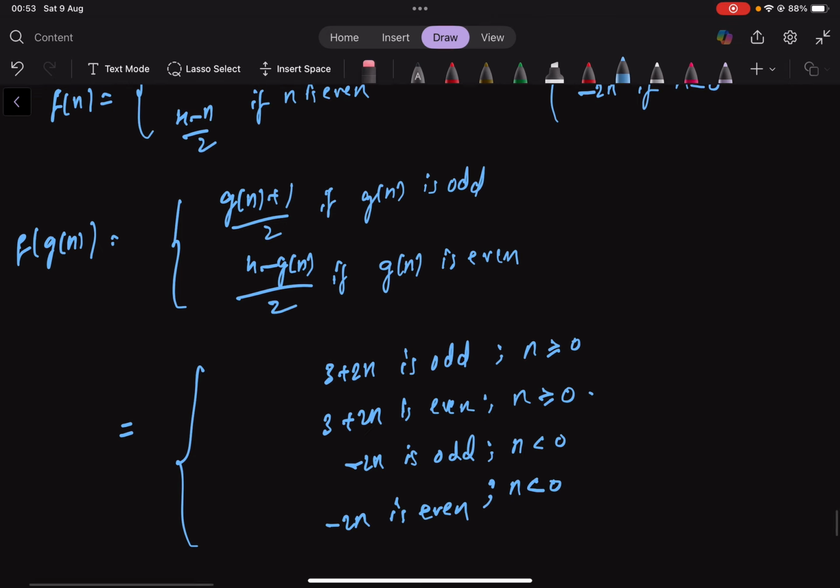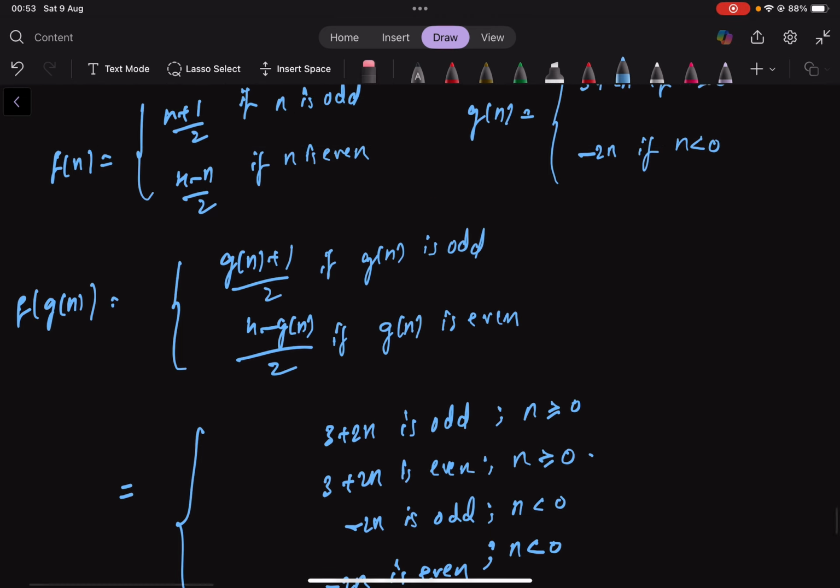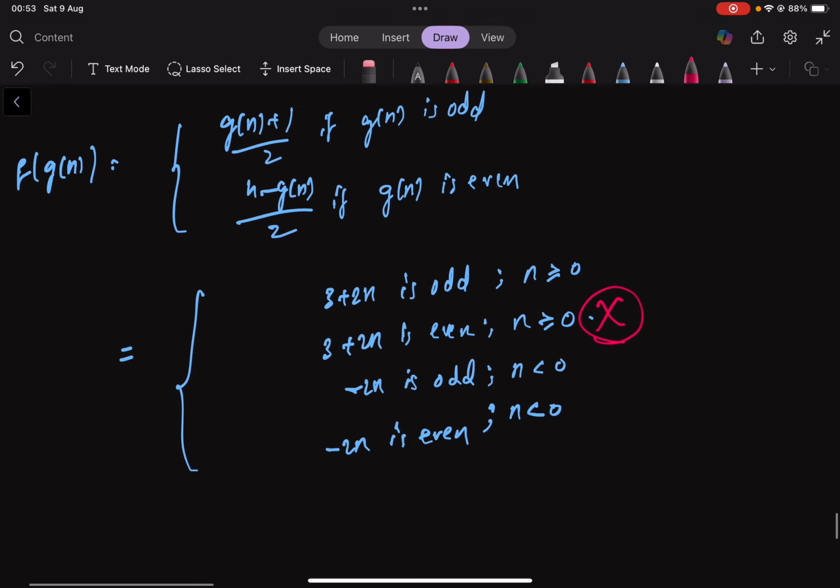So I'm trying to work out everything by substituting g of n values. The even case is not possible because 3 plus 2n can't be even at any point, and minus 2n also can't be odd at any point. So we only have these two possible cases.